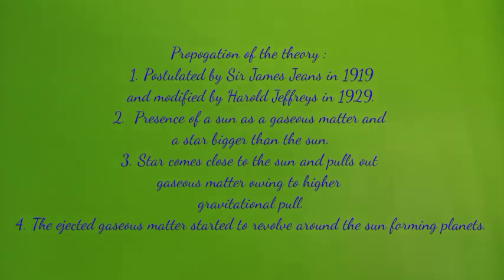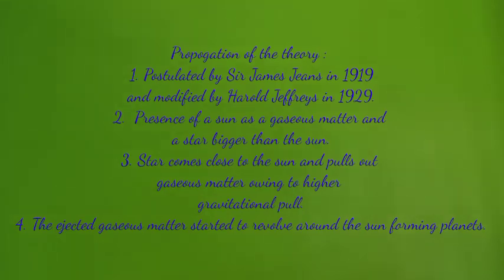Now this ejected matter later broke out into smaller particles as cold objects, which are known as planetesimals, and these small portions of that elongated cigar-shaped gaseous matter that got ejected out of the sun later started forming the planets on cooling down.